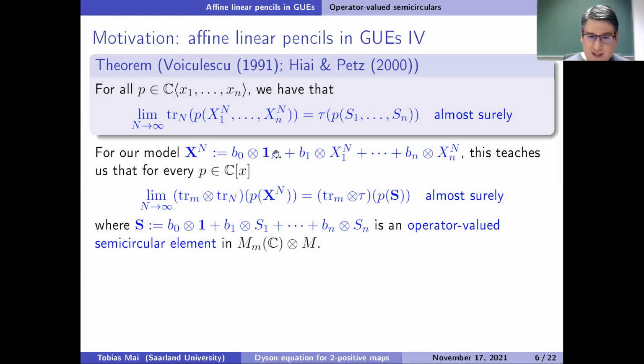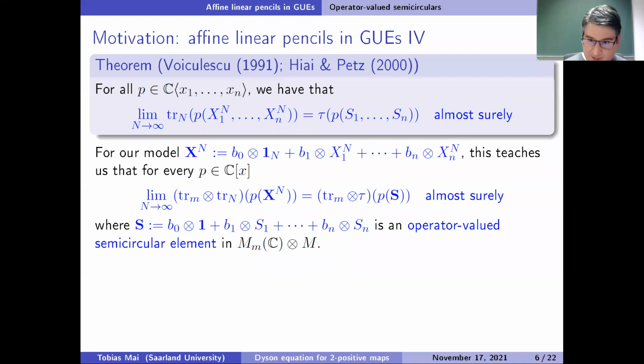And it basically has the same form. All I'm doing is replacing the n by n identity matrix by the one in the algebra where my semicircular elements live, and I replace the x1n by s1 and up to the xn capital N by sn. In this way, I get another operator, and this turns out to be an operator-valued semicircular element.